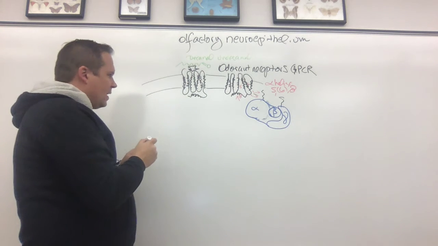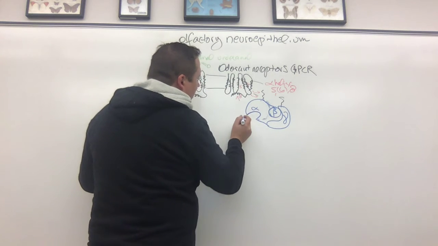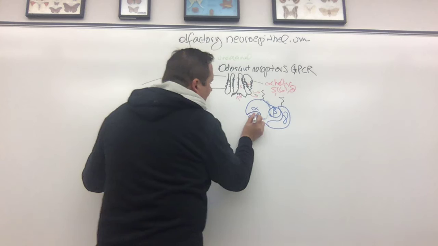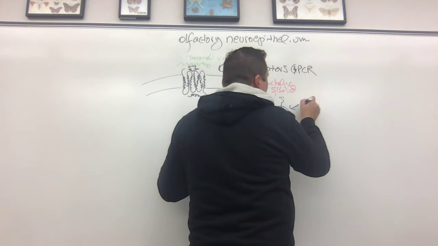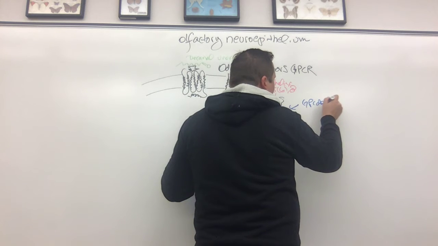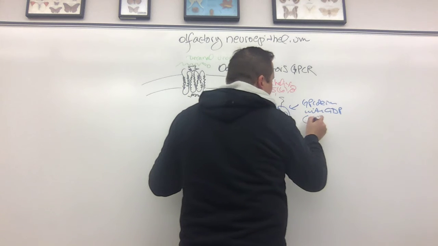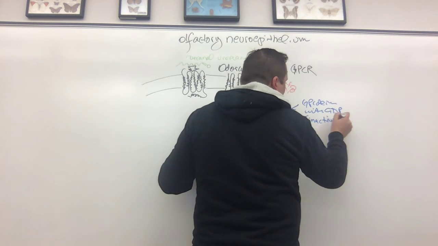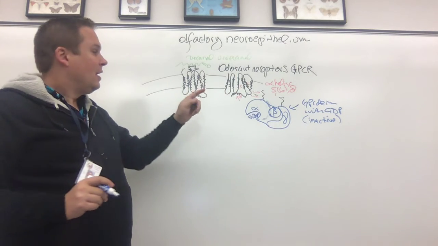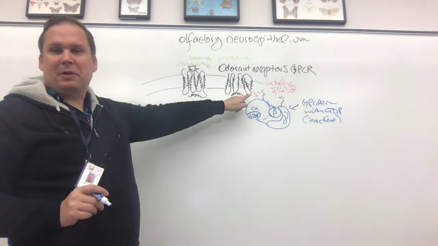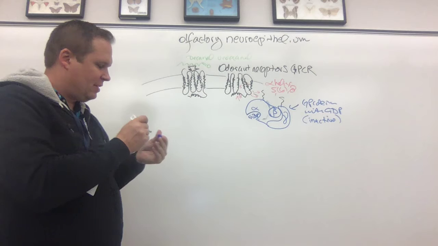And the alpha subunit, when it comes in, is going to be holding on to, of course, GDP, because our G protein needs some help. So this is a G protein with GDP, the inactive version. The next thing that's going to happen is this is going to act like a little can opener. It's going to pry that GDP out and allow a GTP to come in.